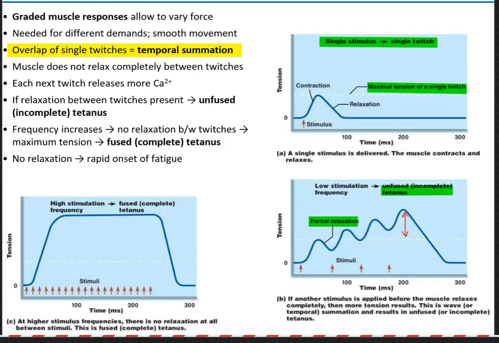At the maximum frequency of stimuli, there is absolutely no relaxation between individual twitches, which allows your muscle to get into fused or complete tetanus.